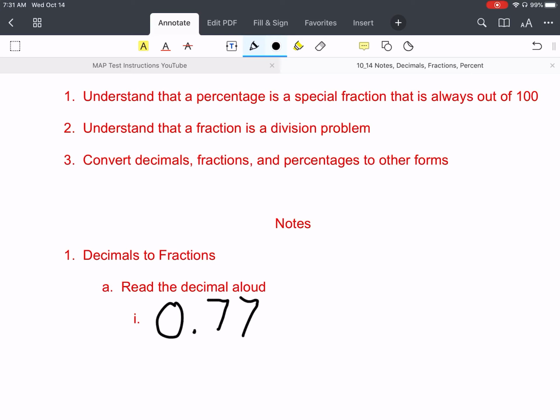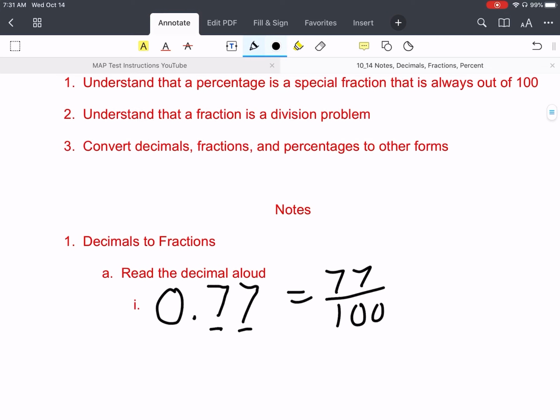So we would read this number as 77 hundredths, because this is the tenths, this is the hundredths. So 77 hundredths, well, that fraction would just be 77 hundredths, and we would not need to simplify that.